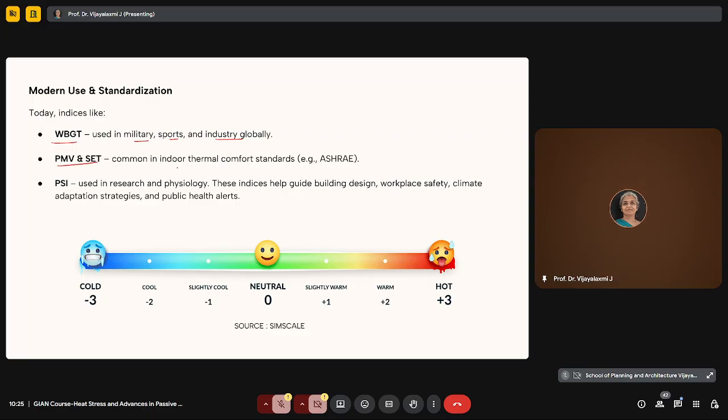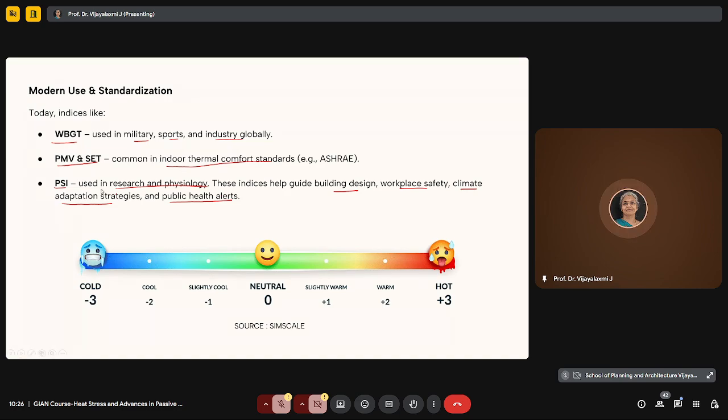PMV and SET are common in indoor thermal comfort standards like ASHRAE, ISHRAE, and so on. And we have PSI, which is used in research and physiology. These indices help us guide building design, workplace safety, climate adaptation strategies, and public health alerts. So what are these? We will see.